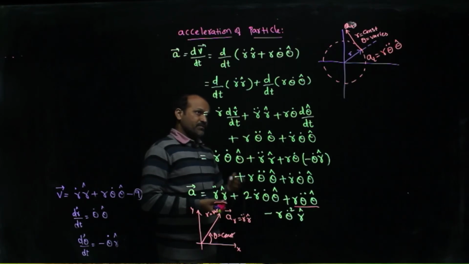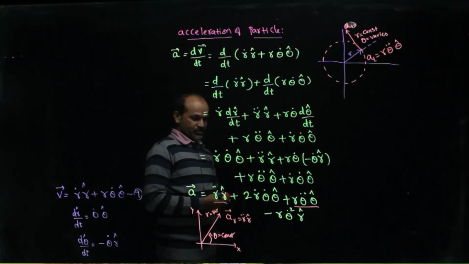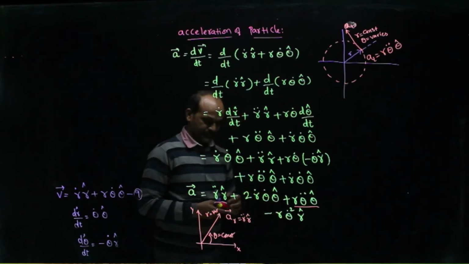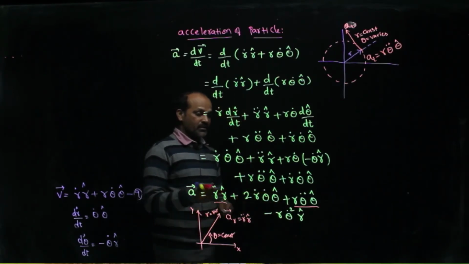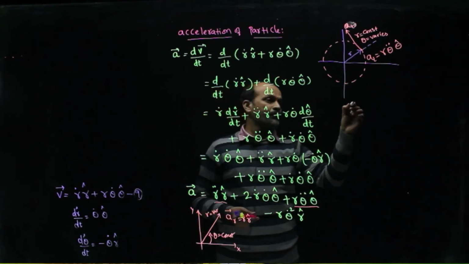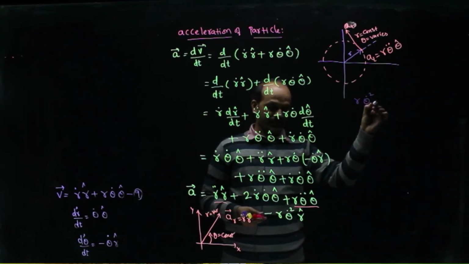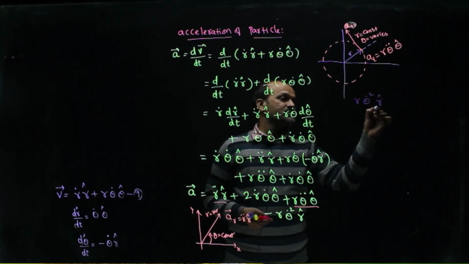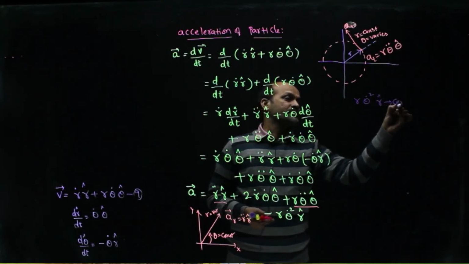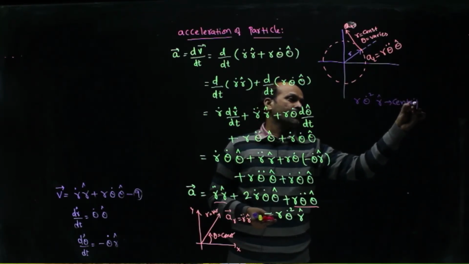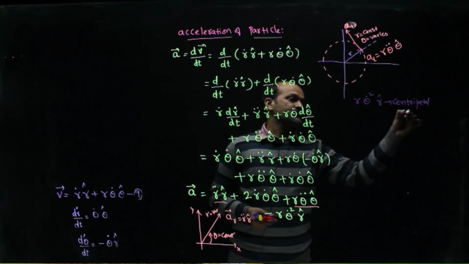So even after making r constant, we have another term in the equation, the third one. What is that? Minus r theta dot square r cap. This is centripetal acceleration.